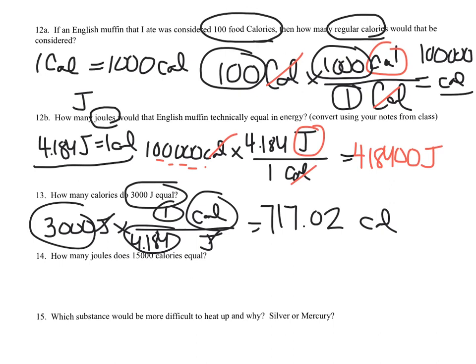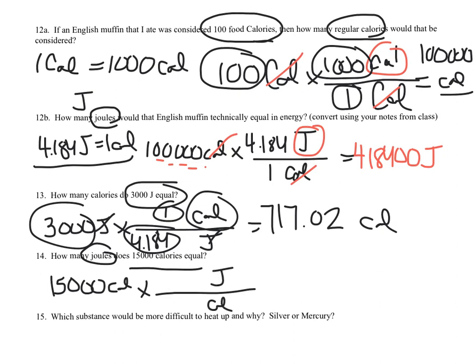All right, let's try another one really quick. How many joules does 15,000 calories equal? Okay, so I have 15,000. Again, these are not food calories. These are regular calories, otherwise it would specify. If I want to get rid of regular calories and get into joules, I need to use my conversion factor. I know that 4.184 joules is equal to 1 calorie.